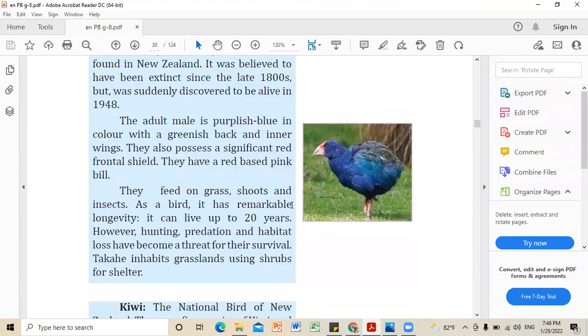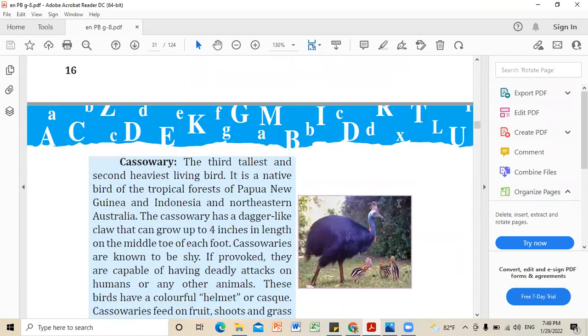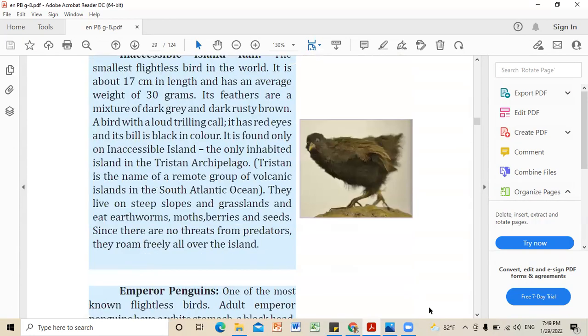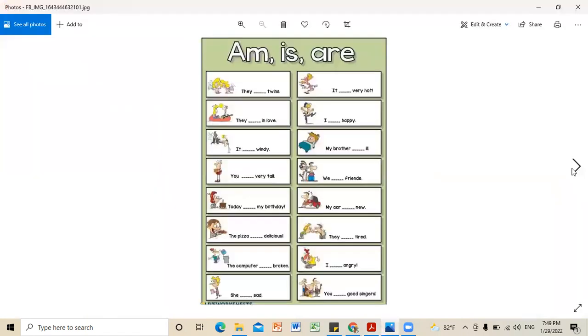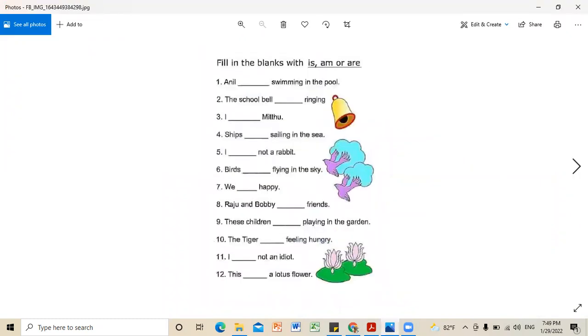We have, let's say, five to six birds, so we will read it. But before moving into that, shall we do a small exercise? I just thought it would be good to do an exercise first.